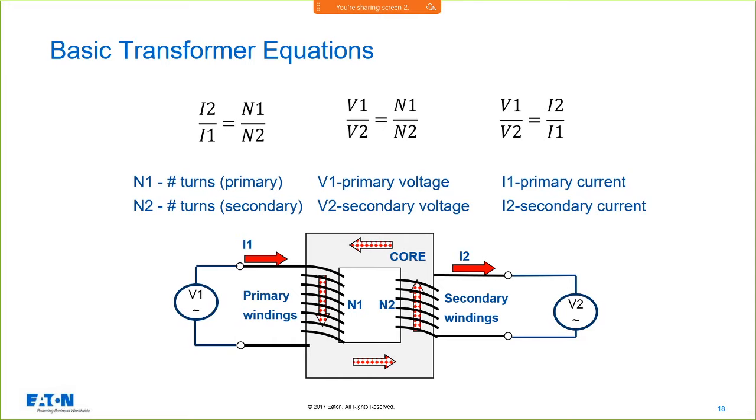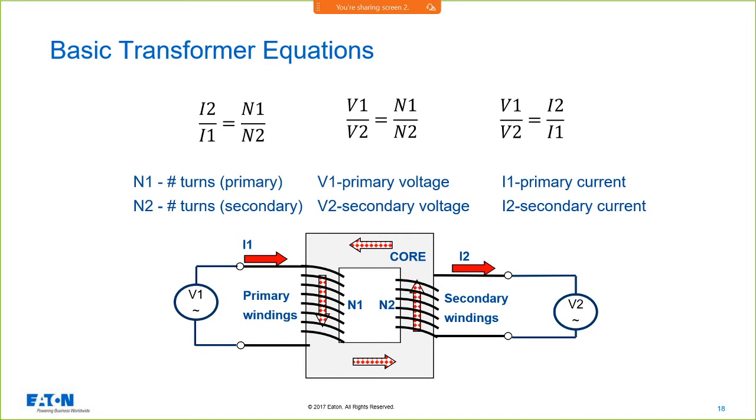You still have the N1 to N2 on every core, but in some cases, like when we did our example, the 480 volt primary, 208 volt secondary, I always just take the secondary voltage line to line, divide that by the primary voltage line to line. That's my N2 over N1, or vice versa for N1 over N2.